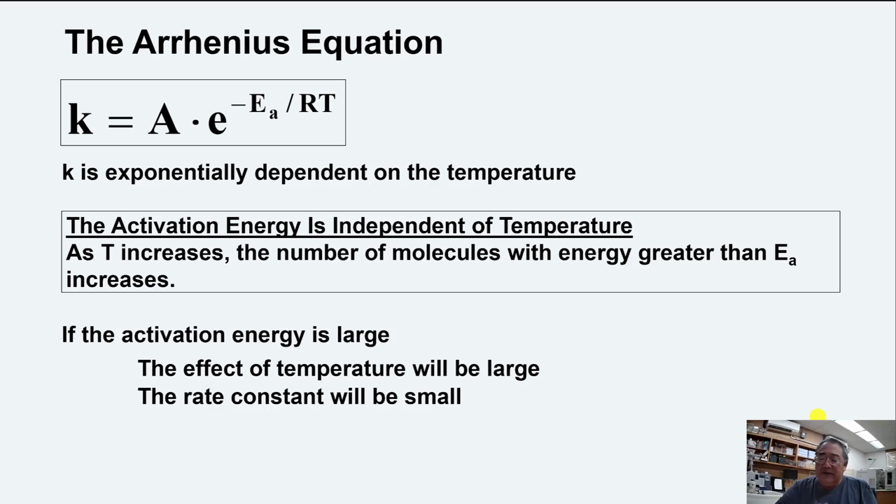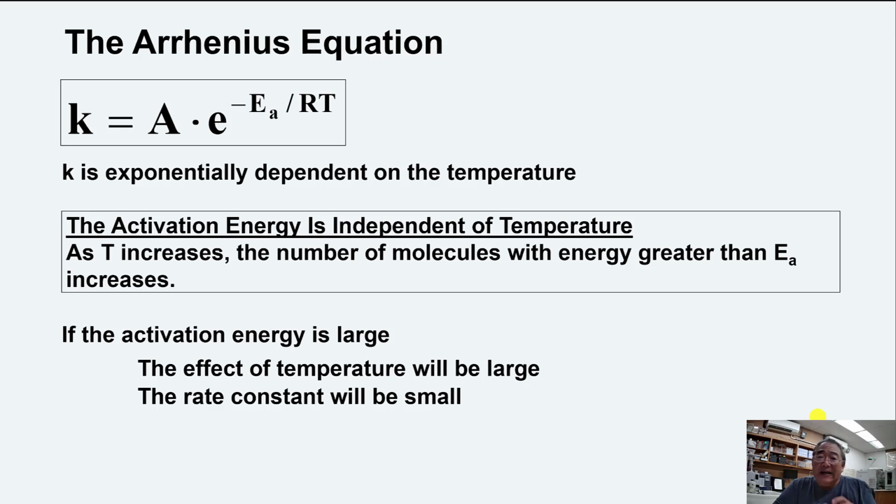Just a couple of other things where people kind of get confused. The activation energy is not dependent on temperature. When you change temperature and a reaction goes faster, it's simply because molecules have more energy, or less energy if you cool it down, so that it'll go slower.